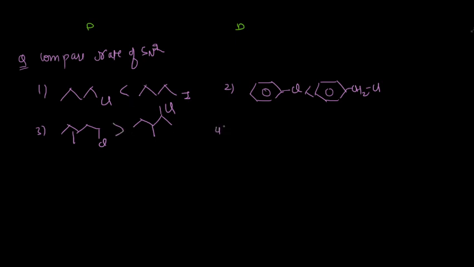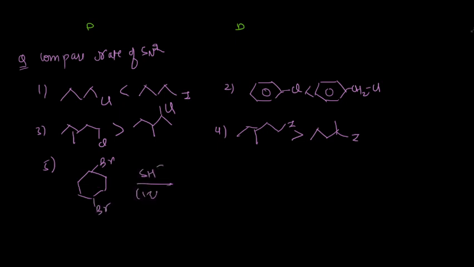Okay, and fourth, iodine. We are comparing bulkiness, iodine over here. Fifth, Br. SH minus, 1 equivalent. And we have here a methyl group attached. So Br and SH will attack from the back side because it is a less bulky group.